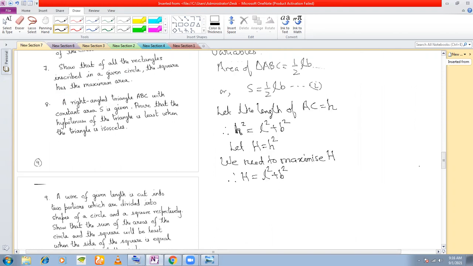Okay, now see, this capital H we need to optimize. But H contains how many variables? It contains two variables, L and B. So we bring it down to a single variable. How? With the help of 1. So from 1, let us call the previous equation 2.